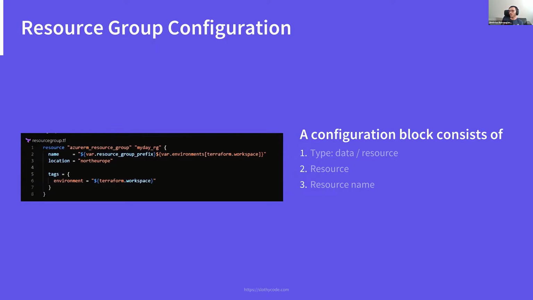But if we're talking about using the word data, it means that it will go into the subscription and look for that specific resource. So in the case that I had data instead of resource there, Terraform would look for that specific resource group. I'm also setting some tags, and you see some weird string interpolation going there. We'll get to that in a moment.